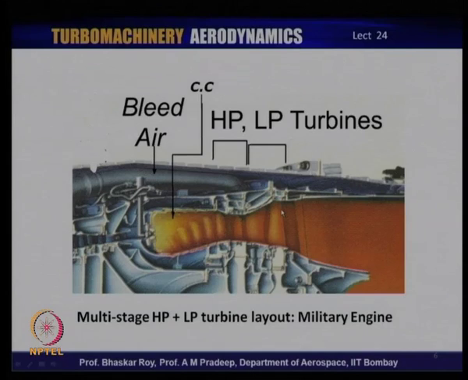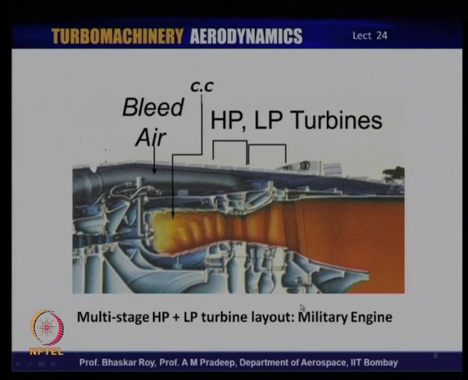So, you have a two-stage configuration, but they are on two different spools. One is on one rotor over here, on one spool, and the second one is another rotor over here, which is on a different spool. So, this is a multi-stage, in fact a two-stage, but a two-spool turbine layout.